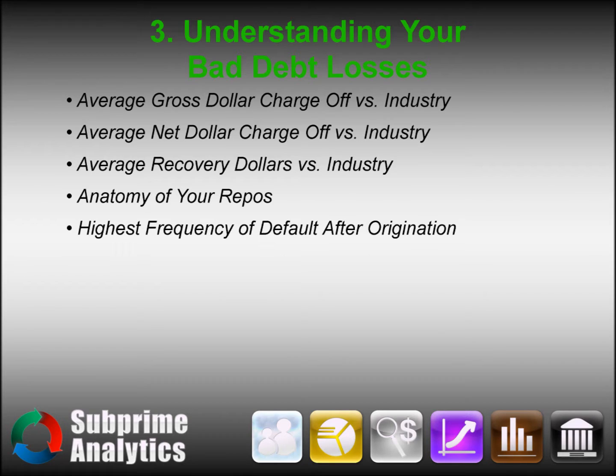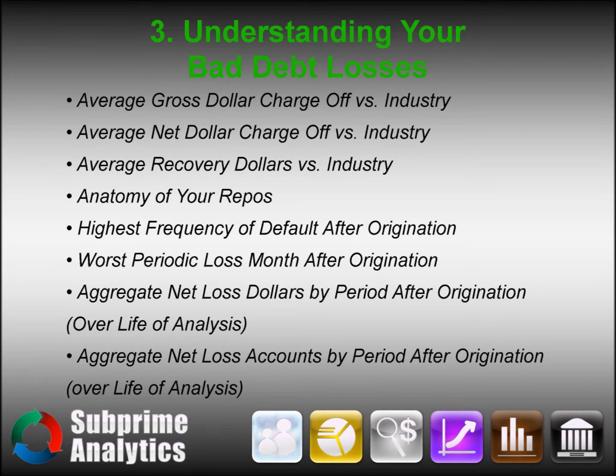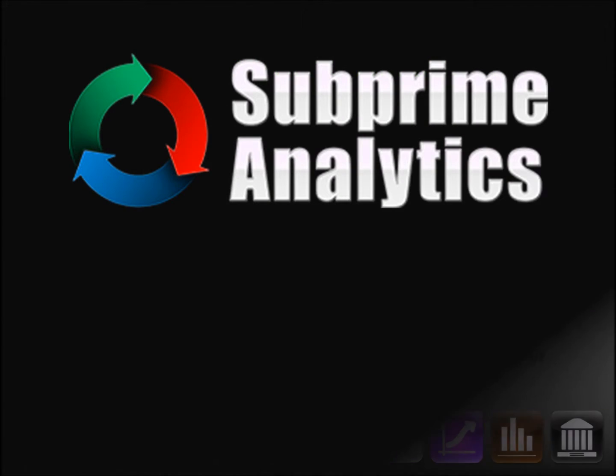We look at the highest frequency of default after origination, the worst periodic loss month after origination, and we look at the aggregate net dollar losses in both dollars and units for the period after origination. Remember, the longer that you collect money from the customers, the more money you make. So you want your defaults to occur later in the life of your portfolio rather than earlier.